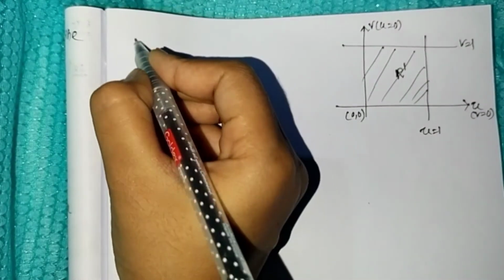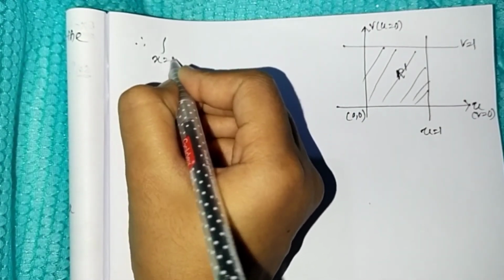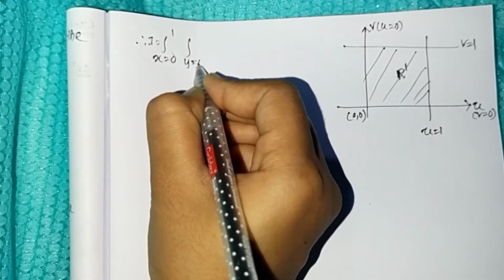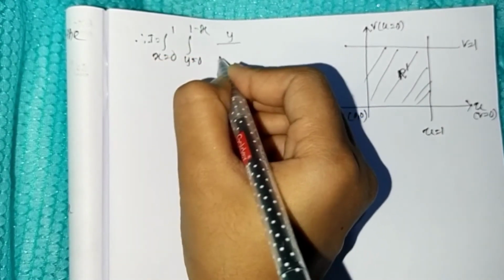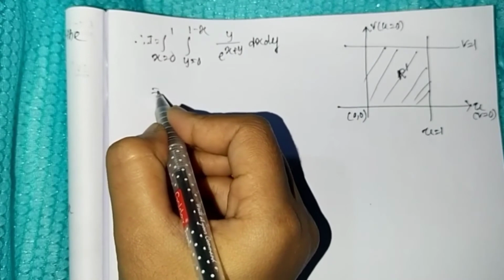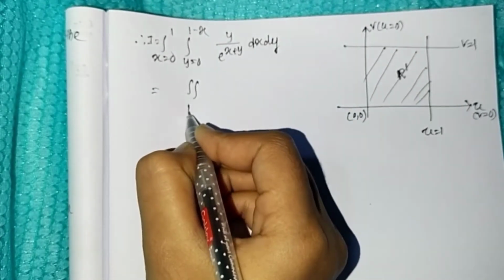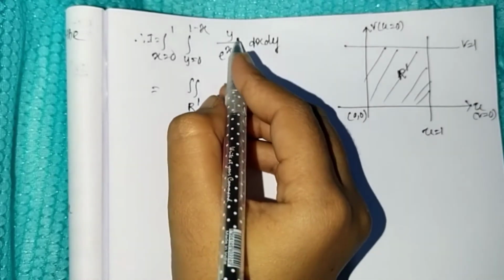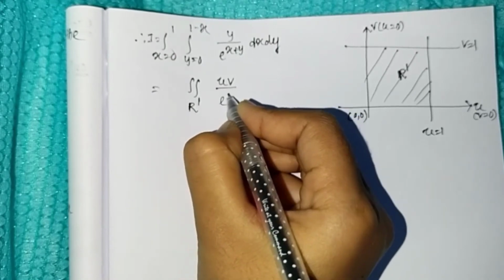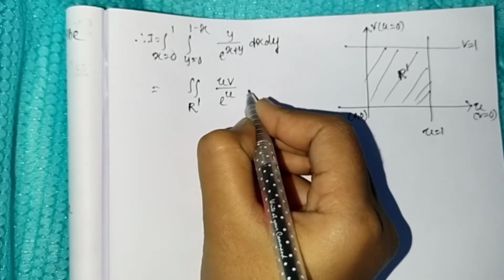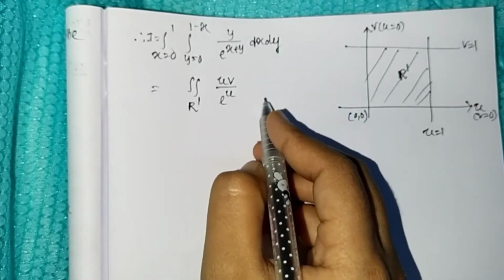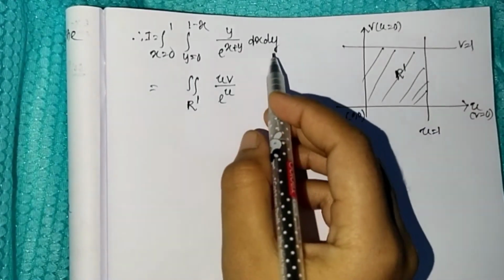Next we see the problem. Given that I equal to the integral with x from 0 to 1, y from 0 to 1 minus x, of y divided by e to the power x plus y dx dy, that is equal to the integration over R dash. We take y is uv and x plus y is u, and dx dy by the conversion formula is mod z into du dv.